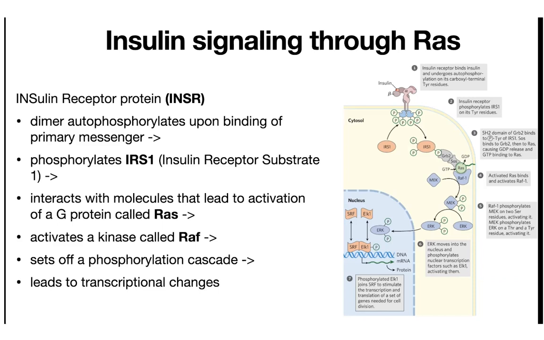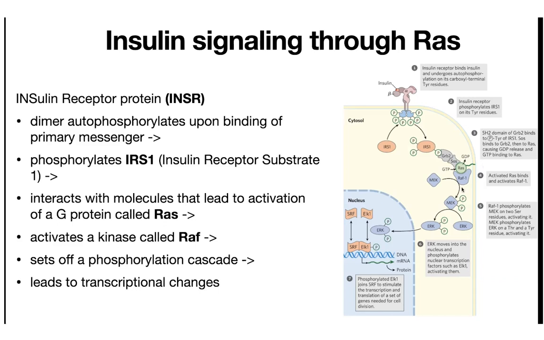But remember, that's going to be a slow process. And so we can have proteins that speed things up. One of the proteins that can speed things up is this SOS protein. This SOS protein is therefore going to act as one of those guanosine exchange factors. It's going to help RAS switch out the GDP for the GTP and activate RAS.